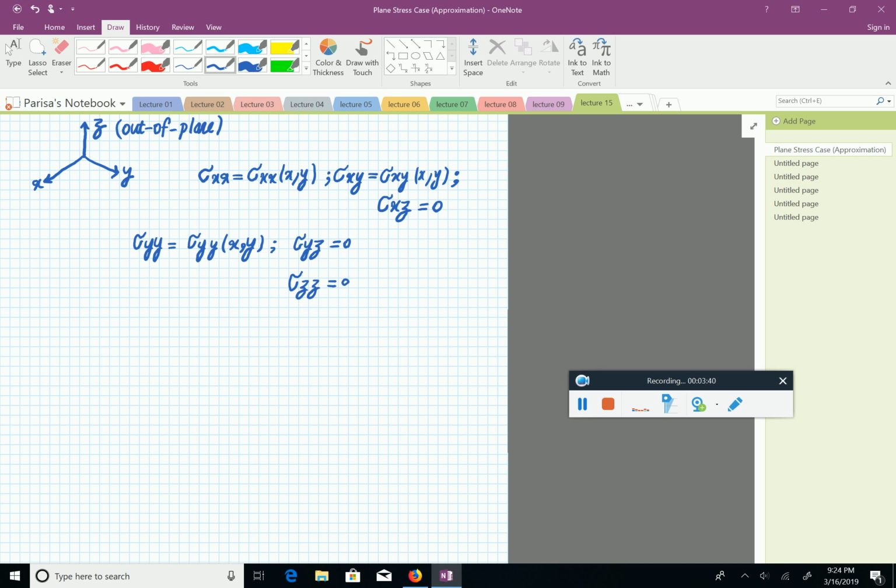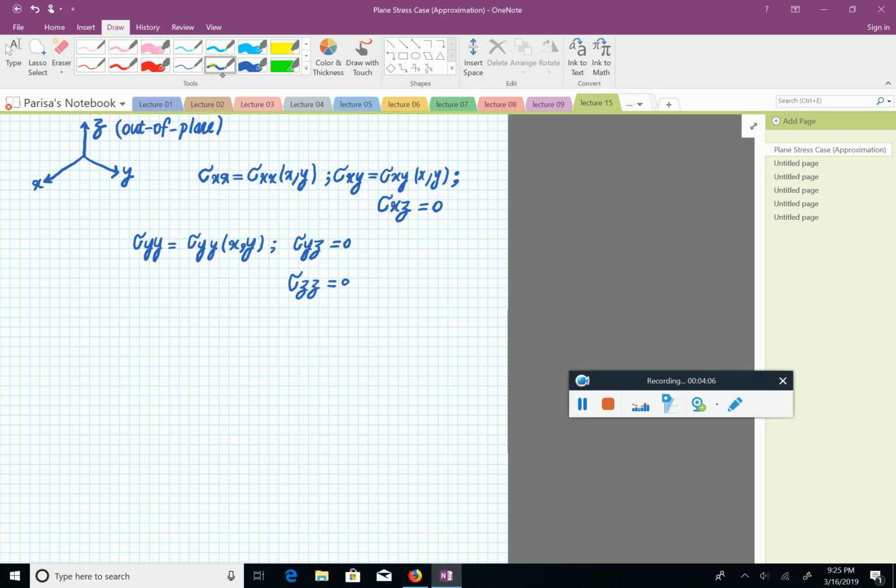Here, plane stress, the definition is actually based on a stress, so the name kind of matches the definition a little bit better.